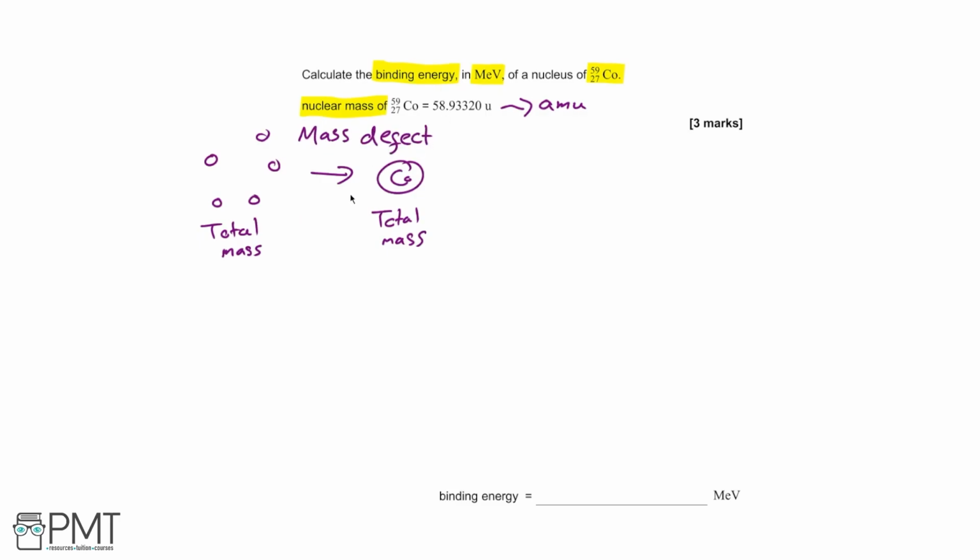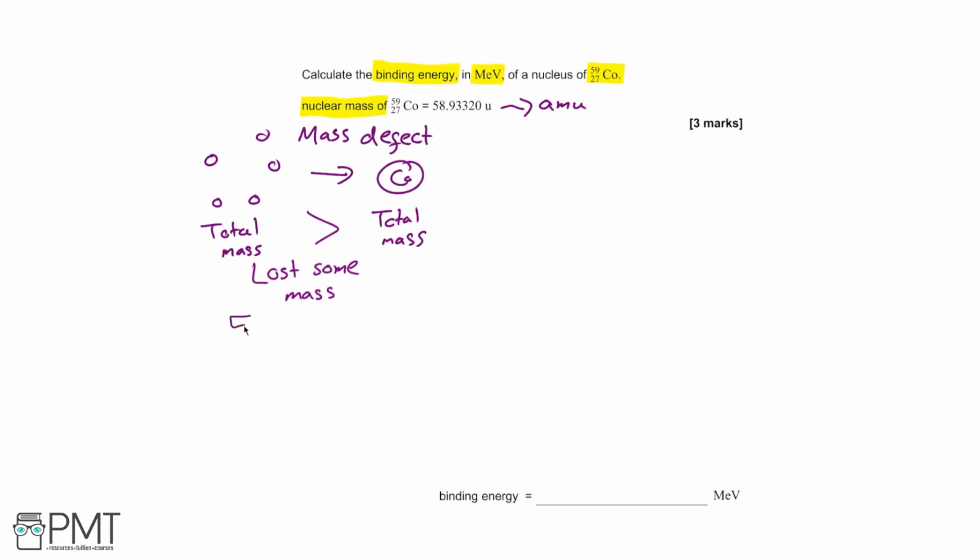Now, because the total mass of all the nucleons before they form the nucleus is going to be higher than the total mass of the cobalt nucleus, we see that we've lost some mass. This mass has been converted into the binding energy and is released whenever the nucleus is formed.